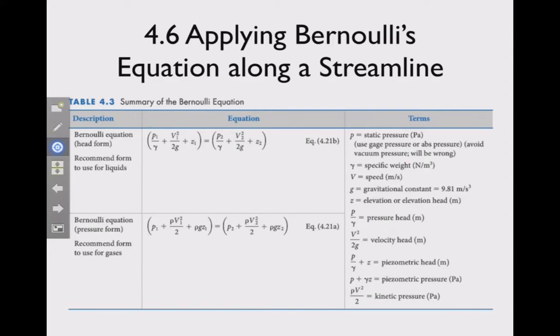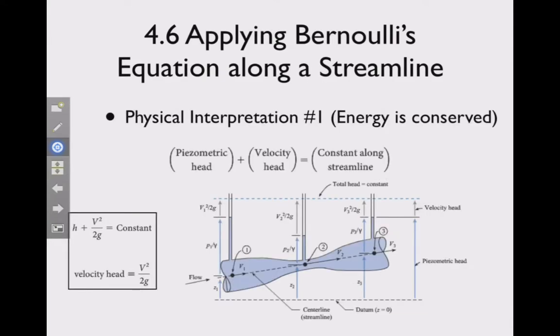So we now need to learn how to apply these equations. We have a couple of different ways of interpreting this, and one is to think about how the total head is being conserved along the streamline. We can think of that in an energy sense, where we have these three terms: the elevation, the pressure head, and the velocity head, all adding up to some quantity.